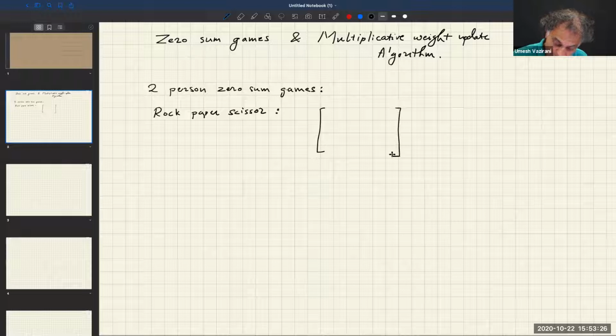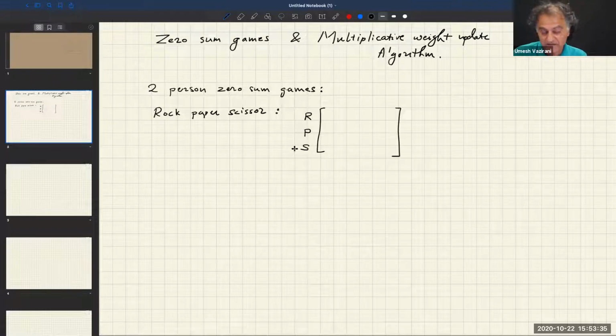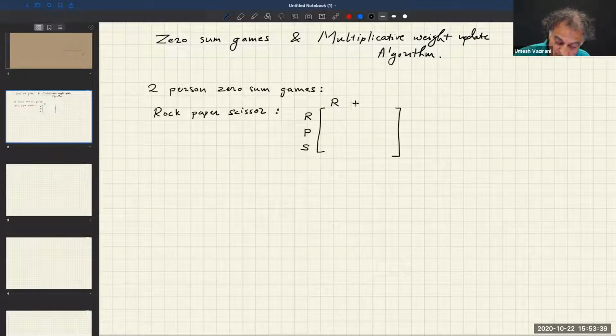The game is described like this. There's a 3x3 matrix where there are 3 moves that you can make and 3 moves that your opponent can make: rock, paper, or scissors.